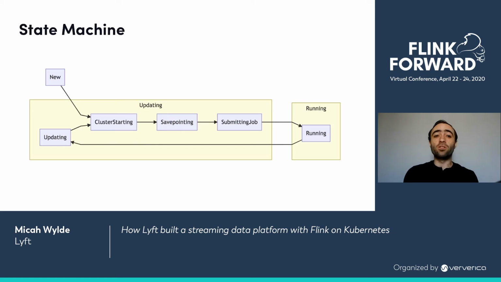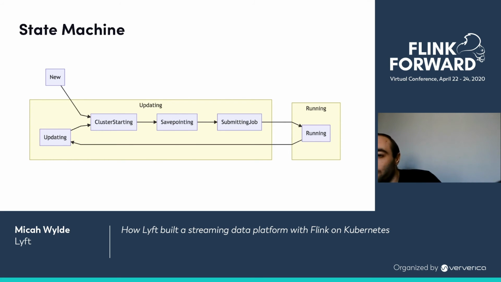We bring that up first so we know the resources are there when we need them. We don't have to wait for that. Then we save point and cancel the existing job, submit the new job to the new cluster, and then hopefully everything went great and we're in the running phase, where it's just steady state.